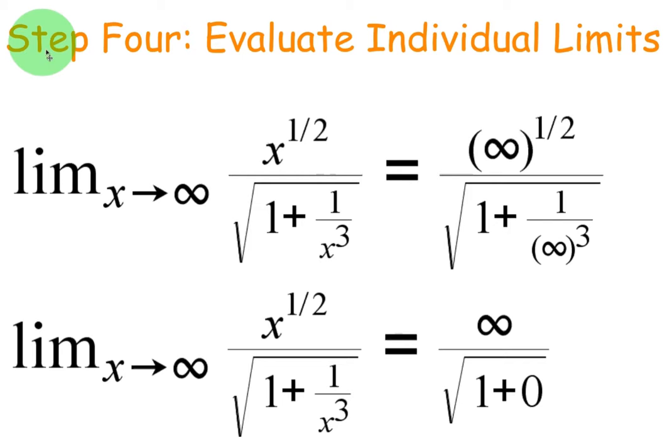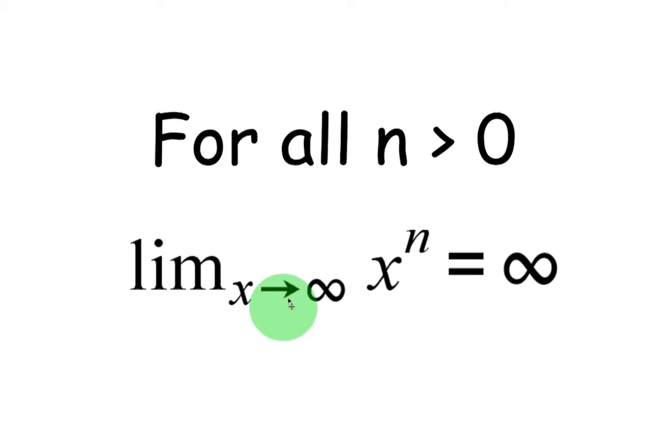Alright, so step 4, we can now evaluate the individual limits. So I'm going to be plugging in infinity everywhere there's an x. So the top I have infinity to the 1/2, and the bottom I have the square root of 1 plus 1 over infinity cubed. So let's look at the top here, infinity to the 1/2 power. If we go back to the rules for limits at infinity that we learned, we know that the limit as x approaches infinity of x to the n, for any n bigger than 0, including n equals 1/2, is going to approach infinity.